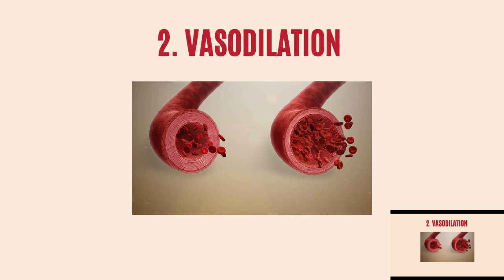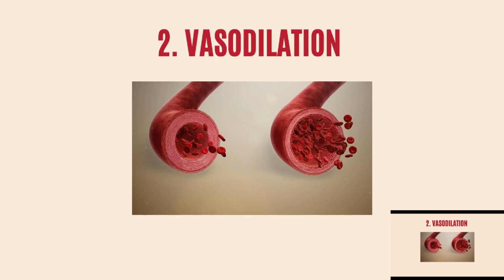There's an equation that determines your blood pressure: cardiac output multiplied by systemic vascular resistance equals blood pressure. If you decrease the systemic vascular resistance, you are in turn decreasing blood pressure. And I want you to remember this.